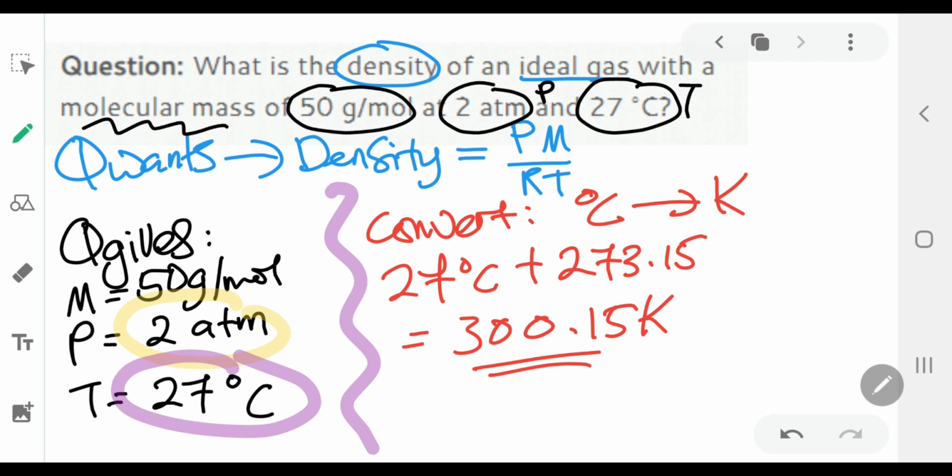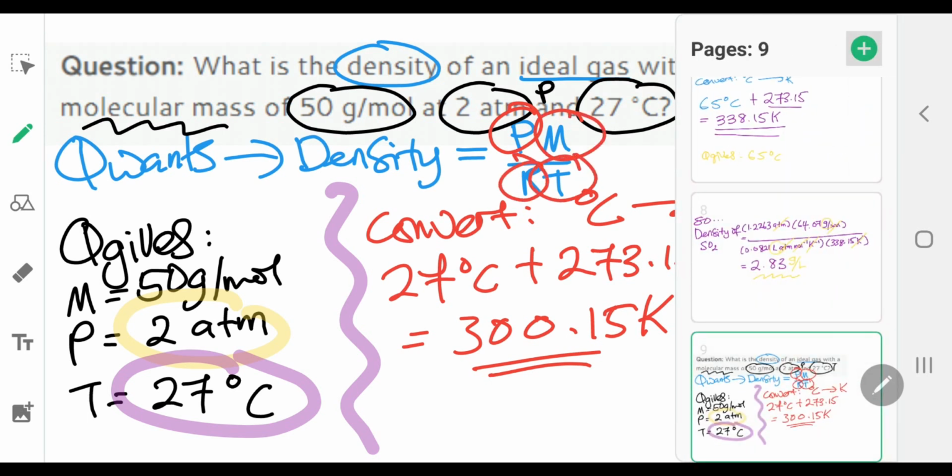Okay, so we can directly plug all the values into your pressure, molecular mass, R, and temperature. So we do that.